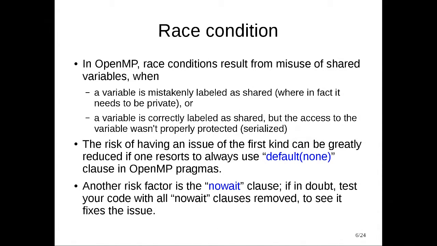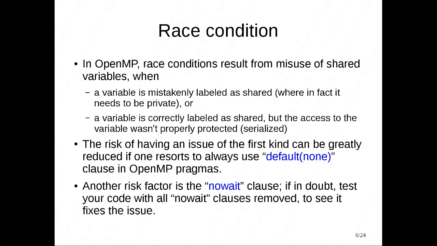That labeling can be done either implicitly by the compiler, or, a much better way, explicitly. A typical way to misuse shared variables is to use implicit labeling, which forces the compiler to mislabel certain variables as shared, where in fact they have to be private.